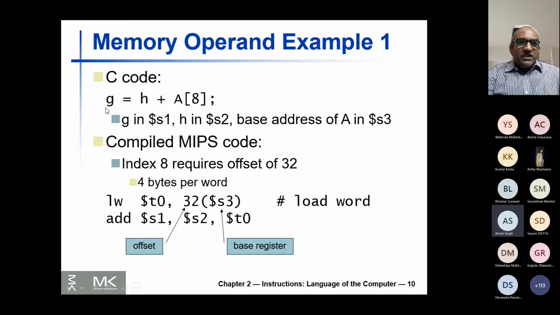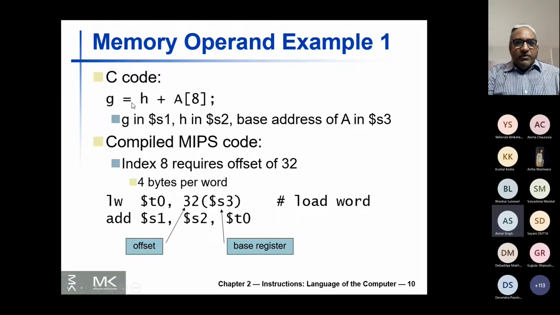Look at this C statement: G equals H plus A of 8. G and H are variables, and A of 8 clearly indicates an array variable. Arrays contain multiple data items, so they will be placed in memory, and for convenience G and H are present as the contents of registers.